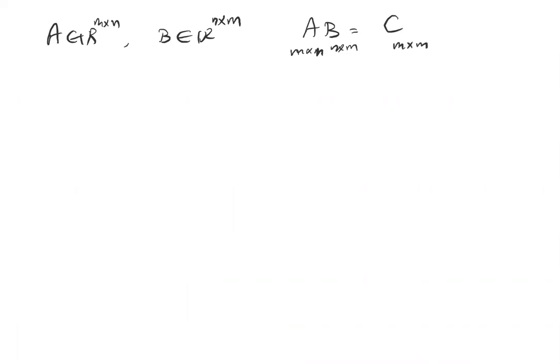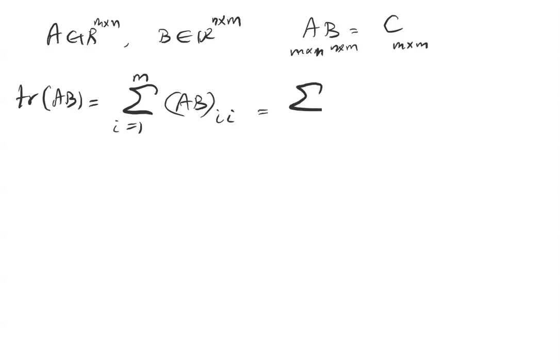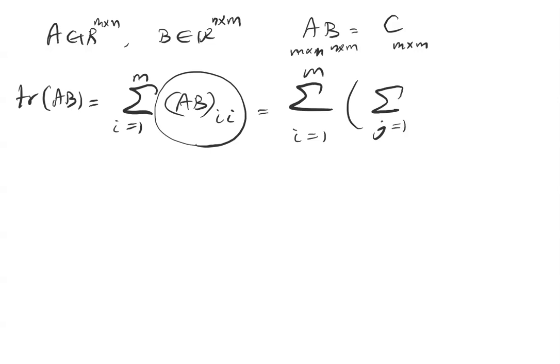Now we are going to see what's going on. We have trace of AB, which is equal to sigma i from 1 to m of (AB) sub ii, which is equal to sigma i from 1 to m. Now we are going to expand AB: sigma j from 1 to n, A ij, B ji.